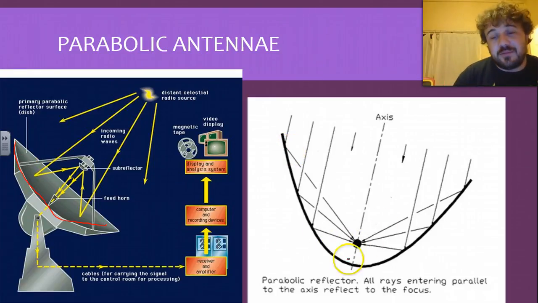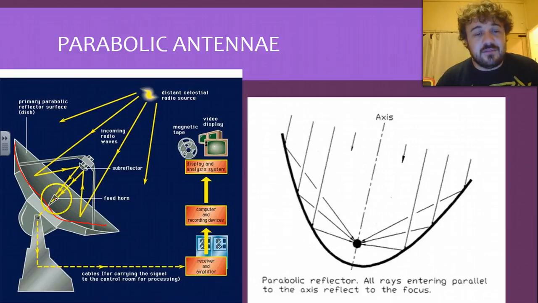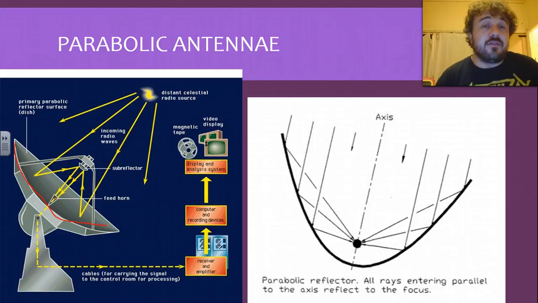Now, it's actually a bit more complicated than that. They bounce it into a focal point up the top, okay, and then that has another reflector which pushes them all down to what's called a feed horn, but essentially, it's not a microphone, but the detector that picks it up and turns it into an electrical signal that can be used.